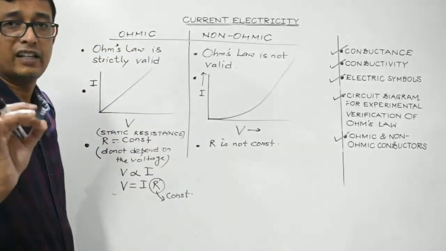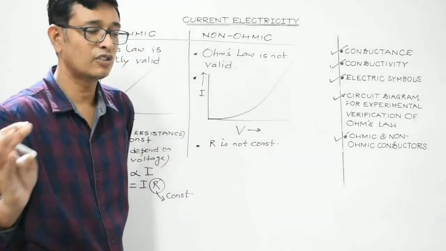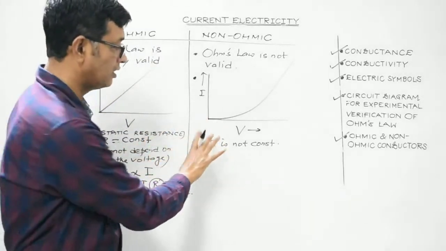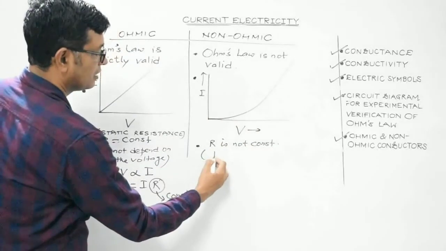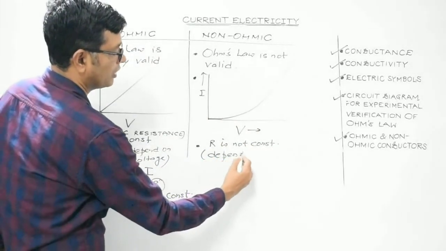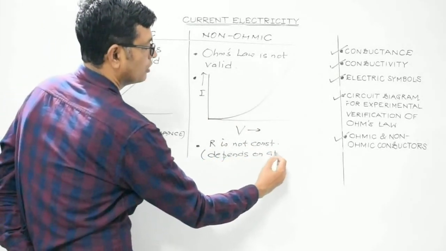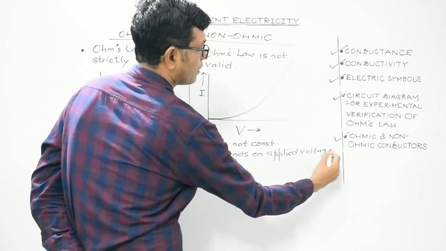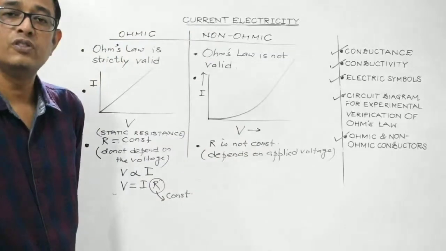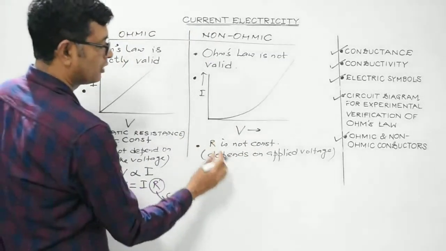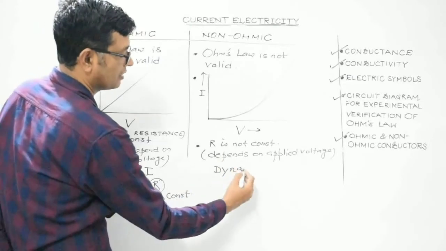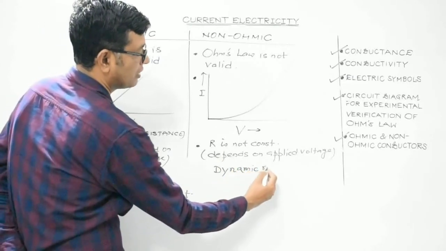So the resistance of a diode, of thyristors, of transistors, which are non-ohmic conductors, is not constant, as it depends on the applied voltage. And since its value changes, it is also known as dynamic resistance. It's the opposite of static.